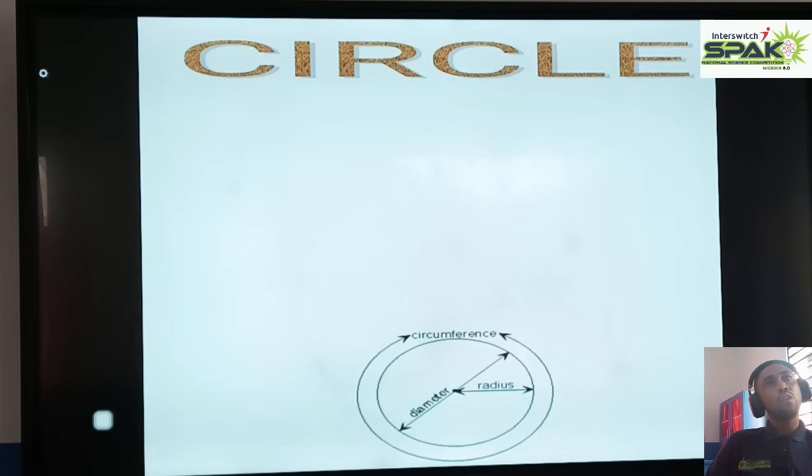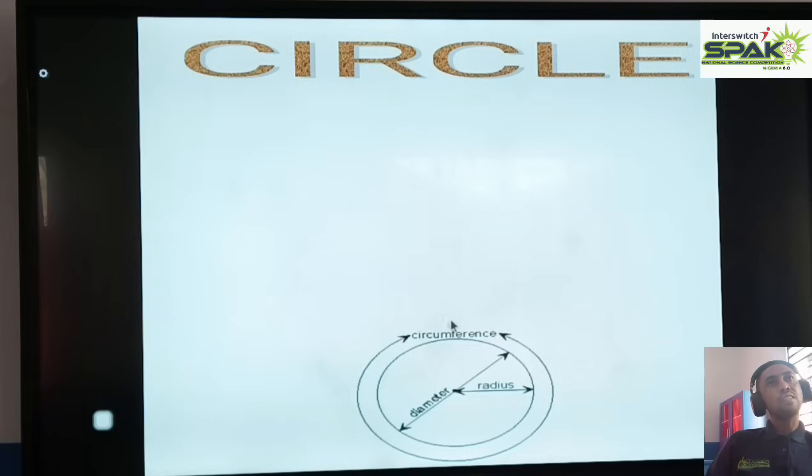The circle. What is a circle? A circle is a locus of a point equidistant from a fixed point. And a circle is not complete until you have the center and the radius.